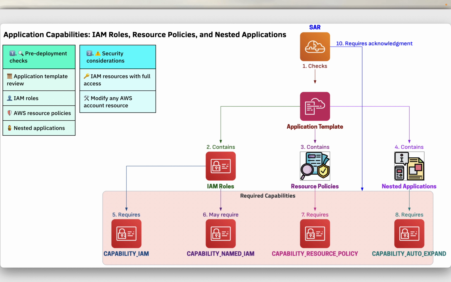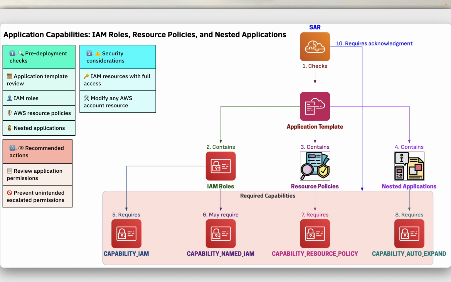Security considerations are crucial, as IAM resources with full access can modify any resource in your AWS account, potentially leading to unintended consequences. It is recommended that users carefully review the permissions associated with the application before proceeding to prevent the unintentional creation of resources with escalated permissions.